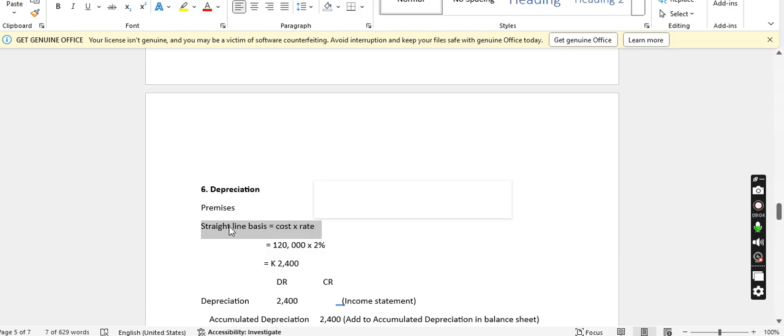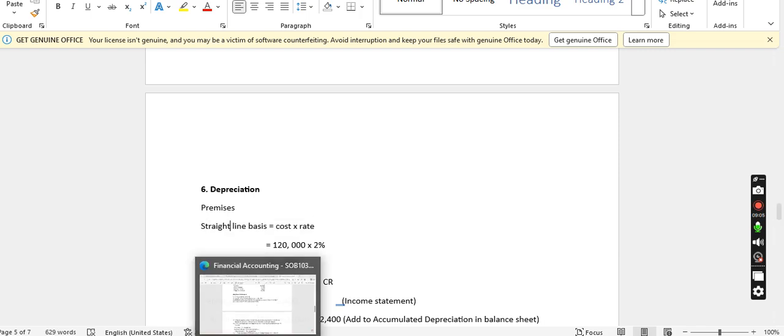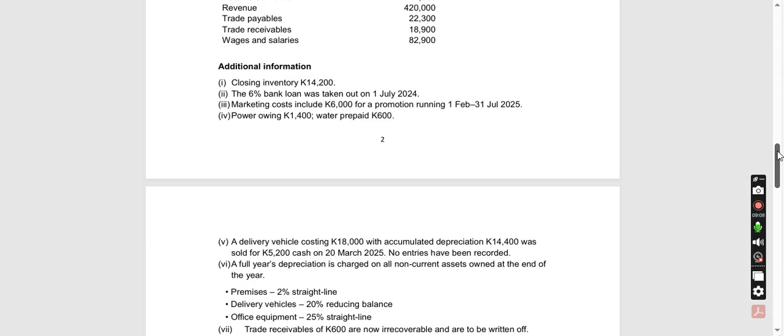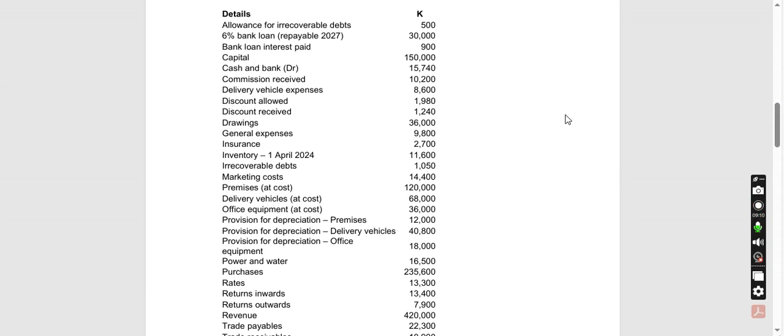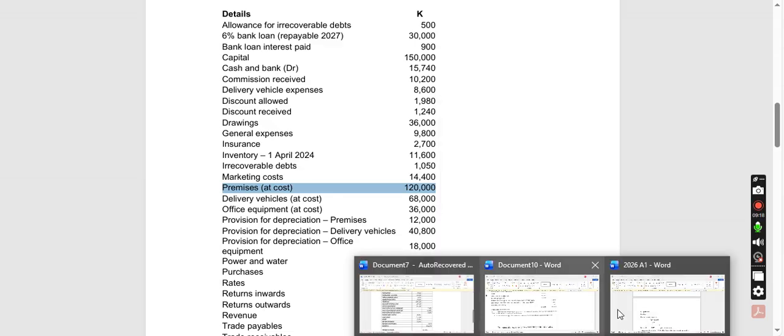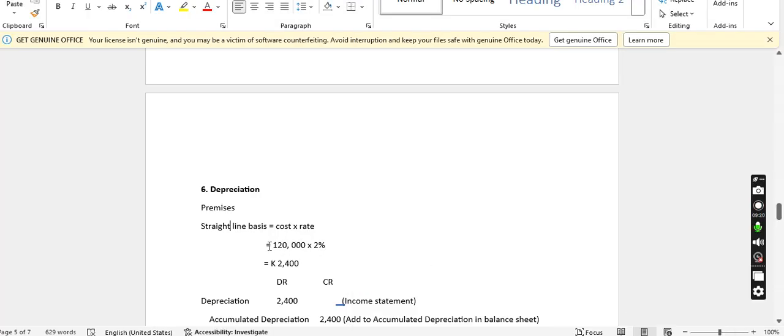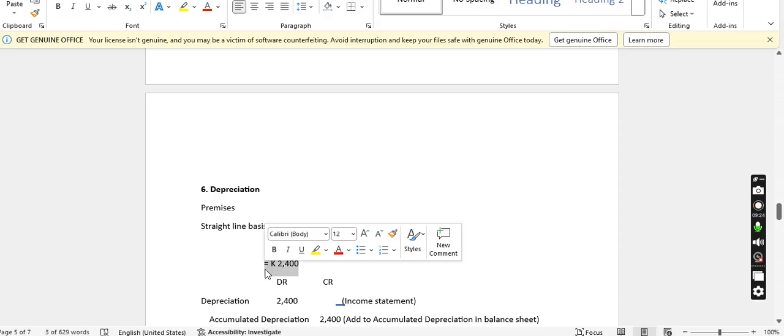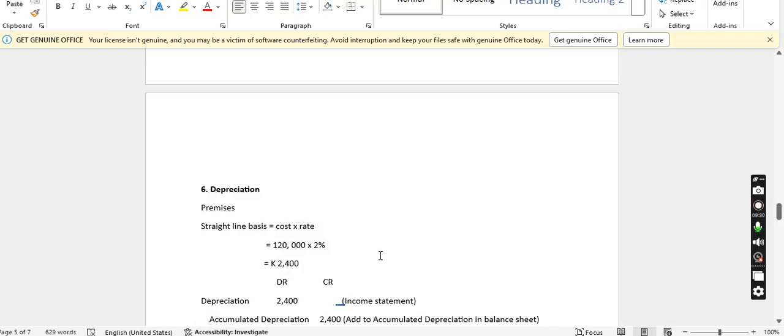So for premises, according to our information here, premises at cost 120,000. The rate of depreciation is 2%. So we are going to say 2% of 120,000. That is 2,400 kwacha. That is the depreciation expense for premises this year.